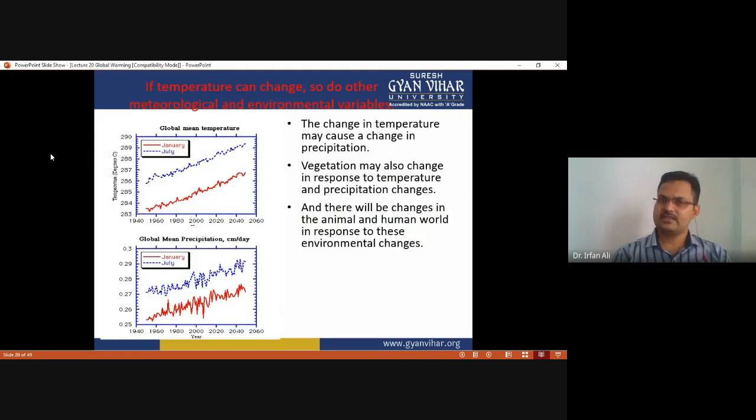If the temperature changes, so do other meteorological and environmental variables. This figure shows that the change in temperature may cause a change in precipitation, which leads to floods and drought-like conditions, and vegetation may also change in response to the temperature and precipitation changes.